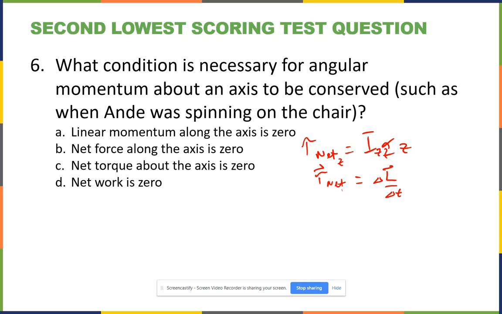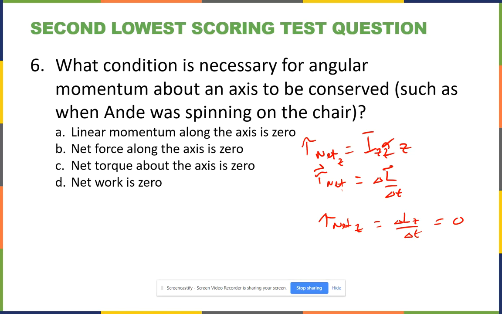So for angular momentum to be conserved, that means delta L, the change in angular momentum, is 0. And if the change in angular momentum is 0, what does that require? The net torque has to be 0. So in this case, we were doing the Z direction. So the net torque about the Z direction is equal to change in angular momentum about the Z direction over change in time.